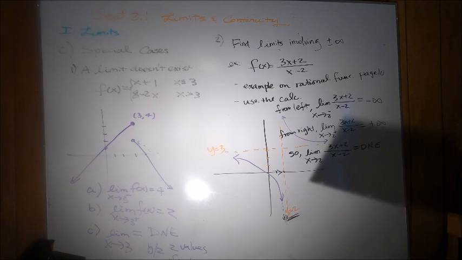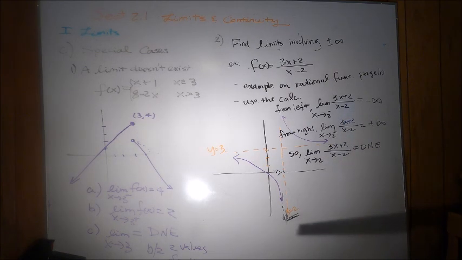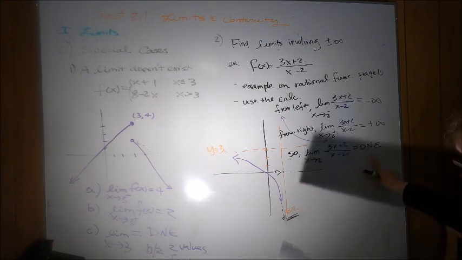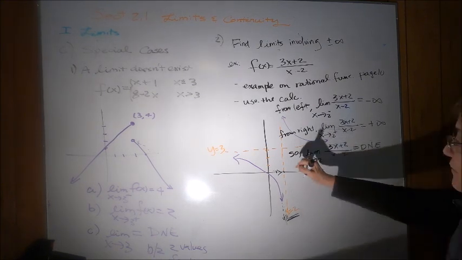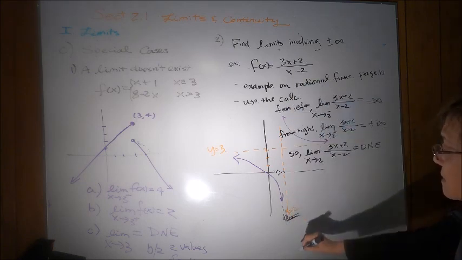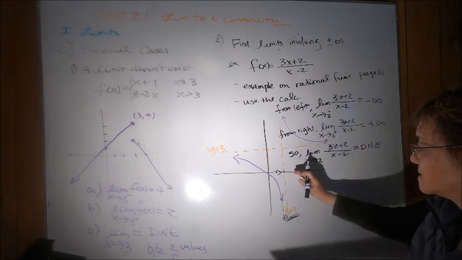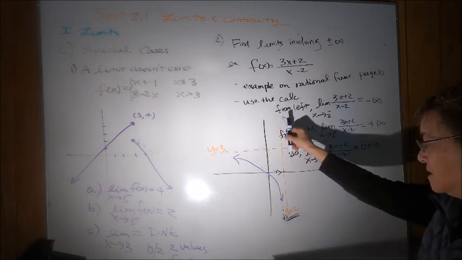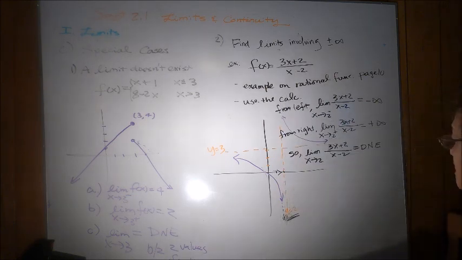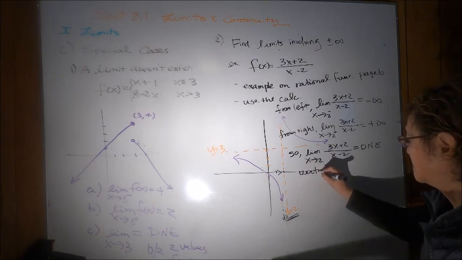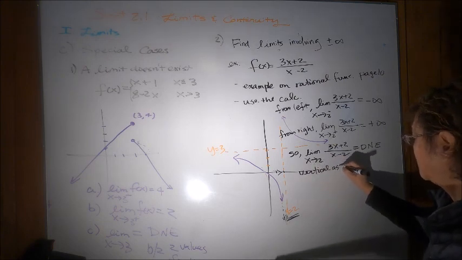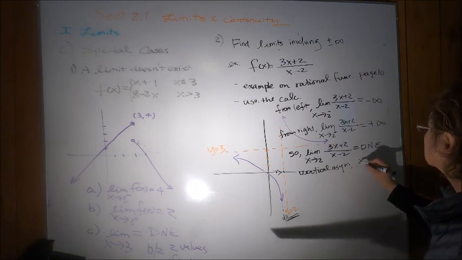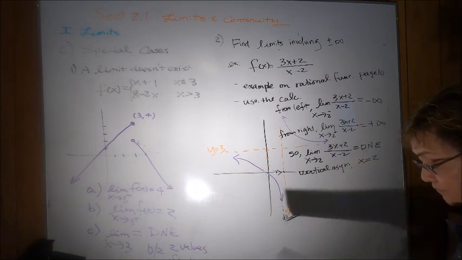In this situation, we say you have a vertical asymptote, and the graph cannot cross this line. From the graph, it's x equals 2.